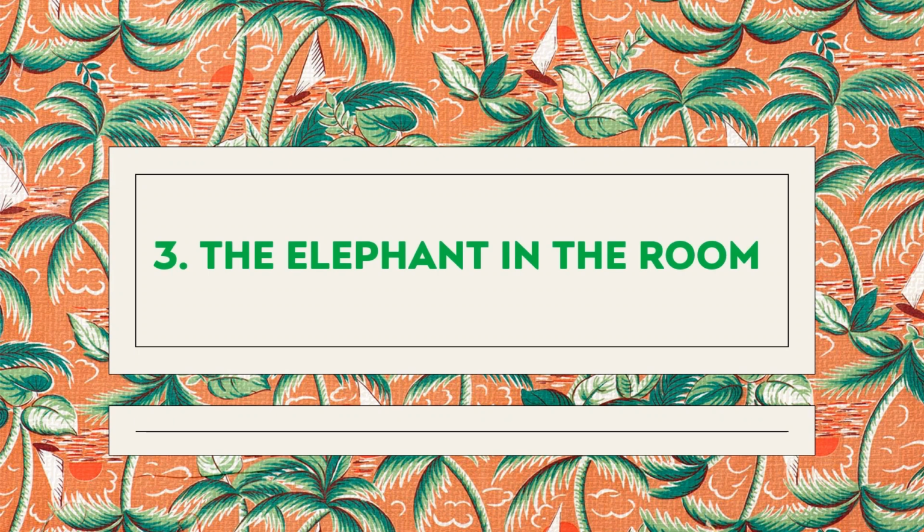The next idiom is "the elephant in the room." What does it mean? Are we talking here about a giant elephant standing in the middle of the room? And why should we talk about it?